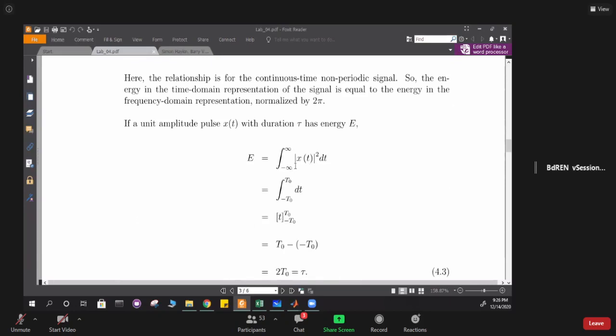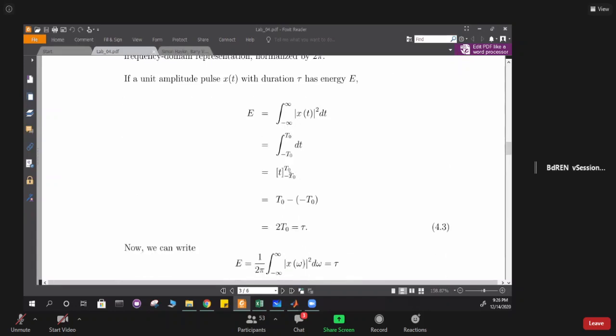The limits will be from -t0 to t0, and x(t) is 1. With a few calculations, you can see it is tau. That means for a unit amplitude rectangular pulse x(t), the total energy equals the total time for which it is 1.